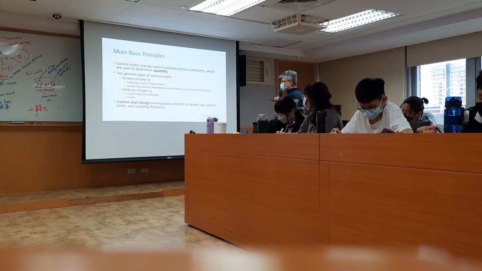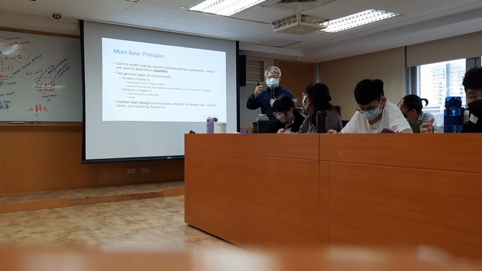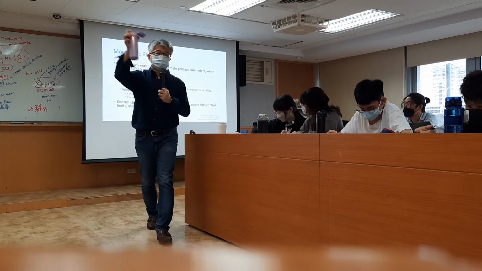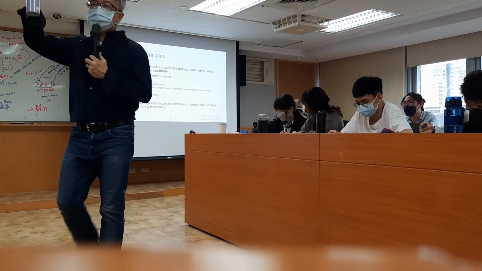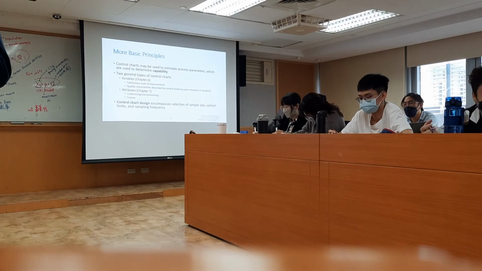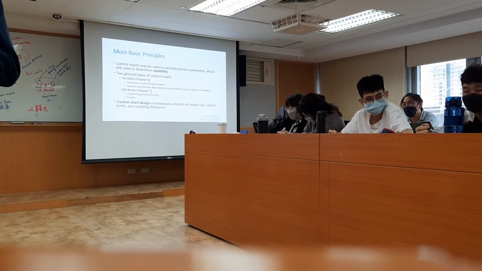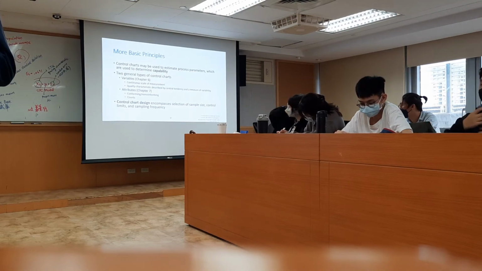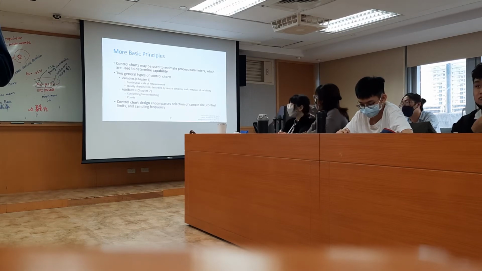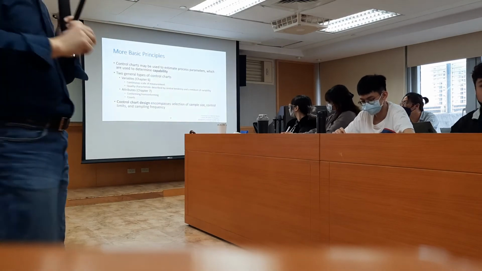Attribute control chart. It is conforming or non-conforming, which can be counted. It is countable. Like this: pass or no pass, good or no good, conforming or non-conforming. So that is termed a categorical variable, and we call it the attribute control chart.